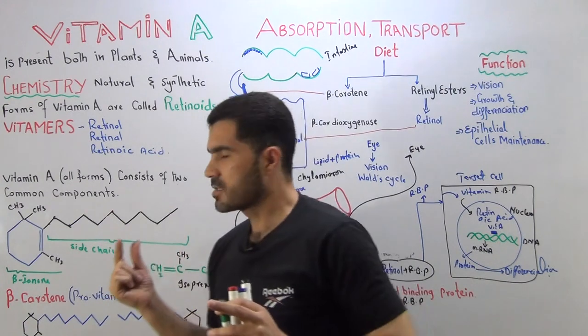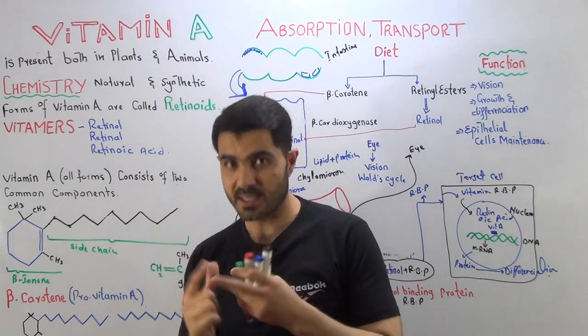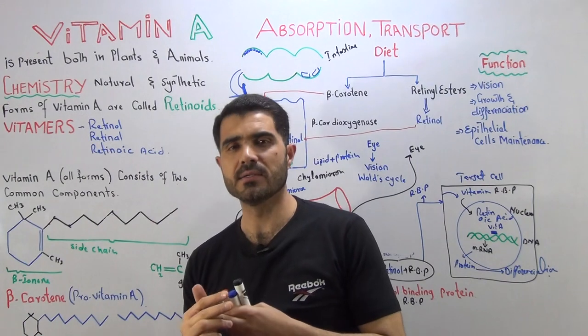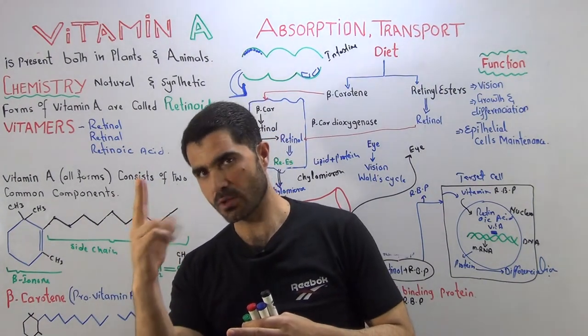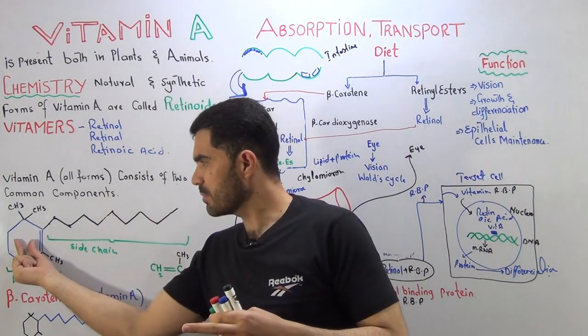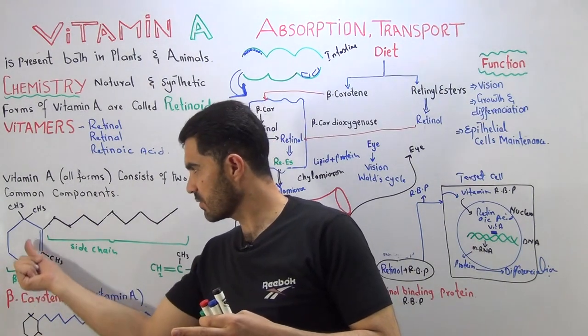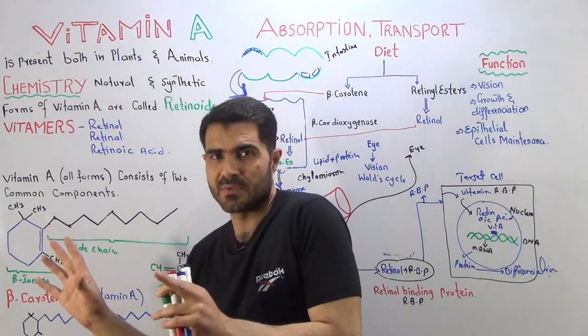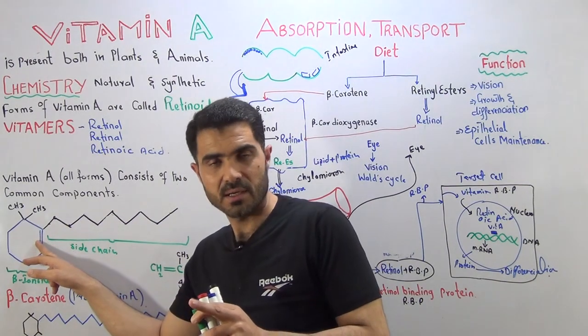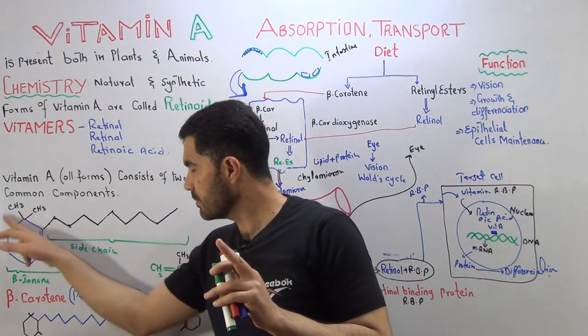Anyway, in the structure of vitamin A, you will find two components. One is a benzene-like structure, which is not benzene but looks like benzene, because there is only one double bond. 3 methyl groups are there.